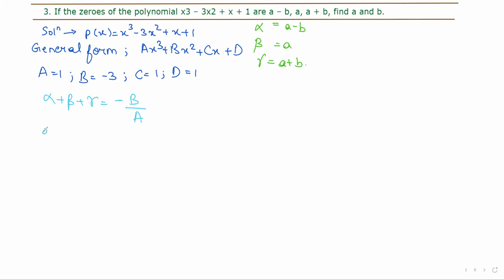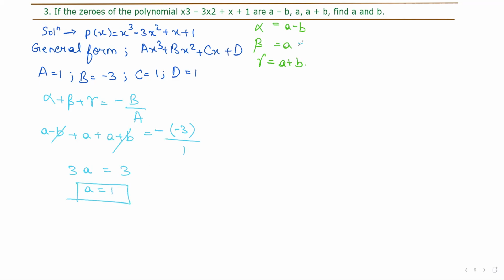Alpha value is a minus b, beta value is a, gamma is a plus b. This value should be equal to minus b upon a. Minus of b value is minus 3, upon a is 1. So this gets cancelled. You get 3a is equal to 3. a is equal to 1. You got the value of a as 1.